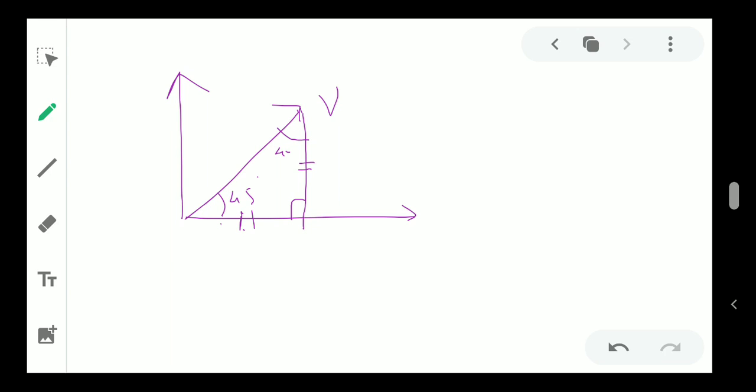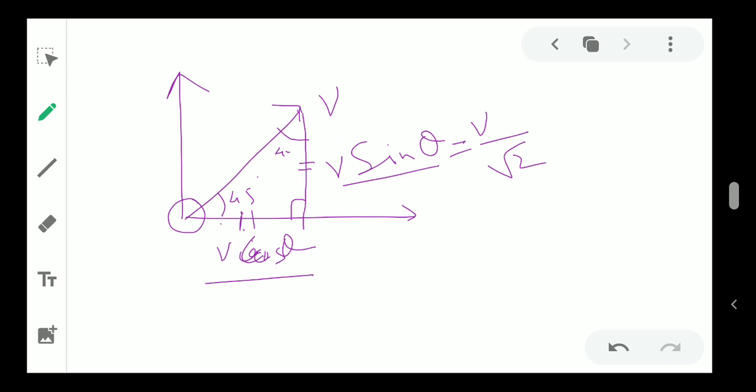So my horizontal component, that is v cos theta, and my v sin theta will be the same when I am just launching the projectile. So at the initial point only, v sin theta and v cos theta will be the same, because if you put 45 here, this will be v by root 2 and this will also be v by root 2 for theta equal to 45 degree.